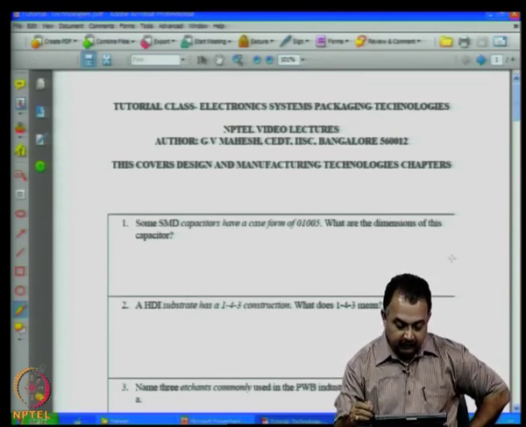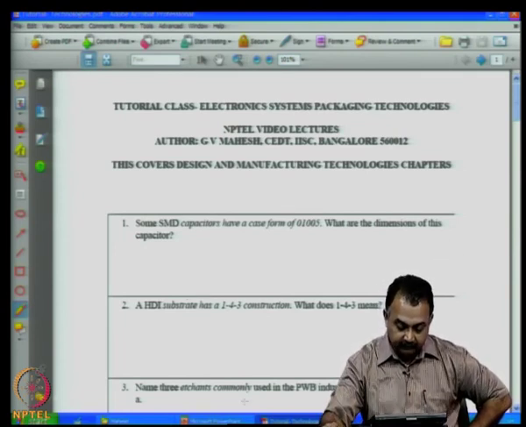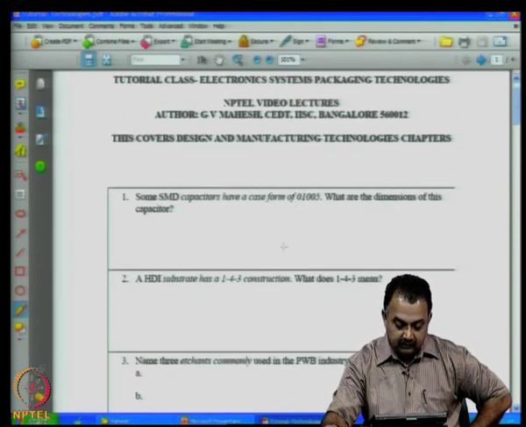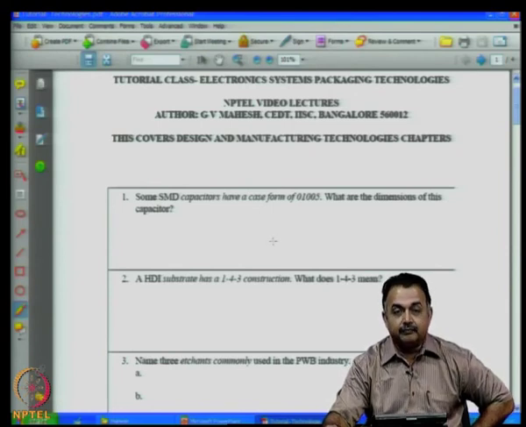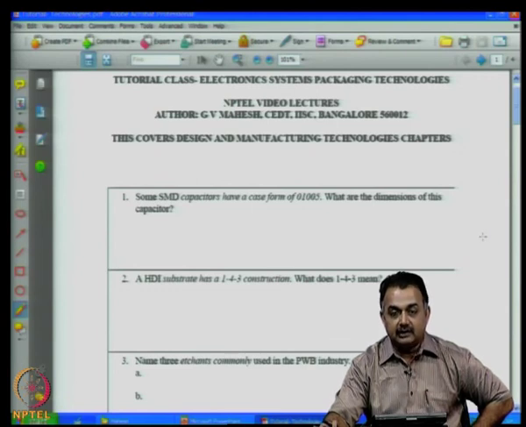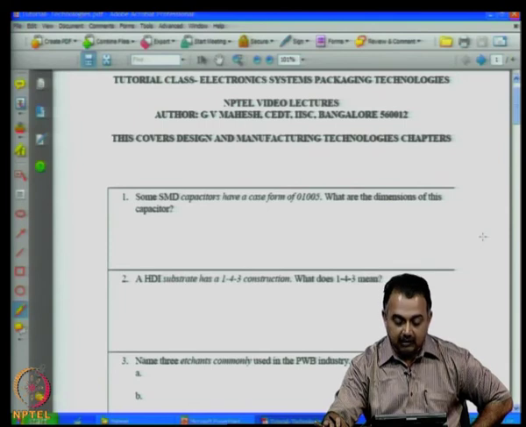So, basically, if you look at some of the questions here, the first question is, some SMD capacitors have a case form of 01005. What are the dimensions of this capacitor? This will give you an idea about the shape, the size and the criteria for using SMD components.